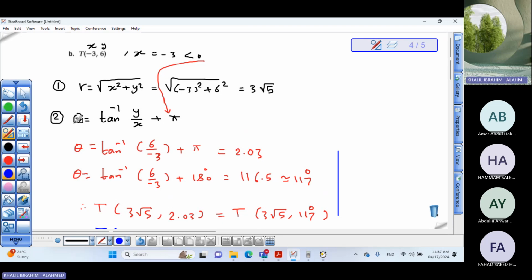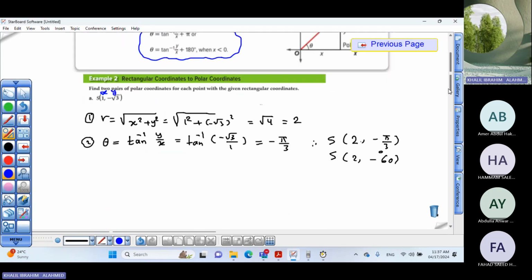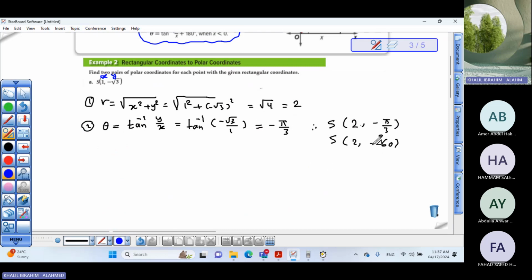Also for the other question, we can add another representation. S equals negative 60.